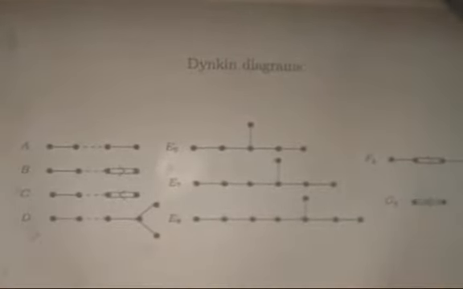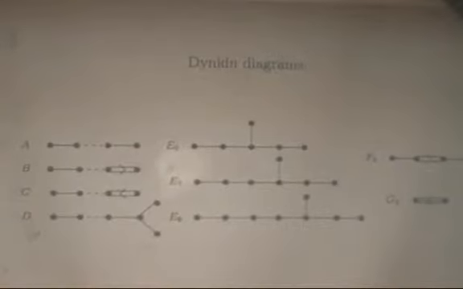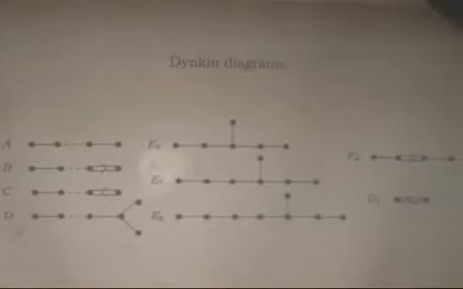So we have 4 infinite families, which correspond to types A, B, C, and D. So maybe I can just say that the type An, where n corresponds to the number of vertices, corresponds to SLn.